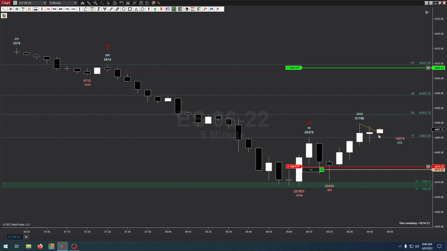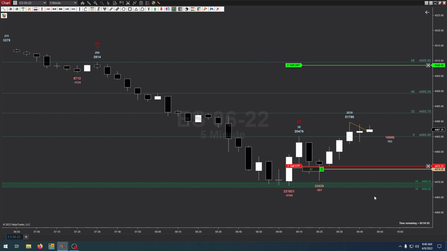There's no wick or shadow, tail, whatever you want to call it on this candle here. So can we take out this high and go after this level here? Because this candle here did give us our retest of this level. Can we get there?